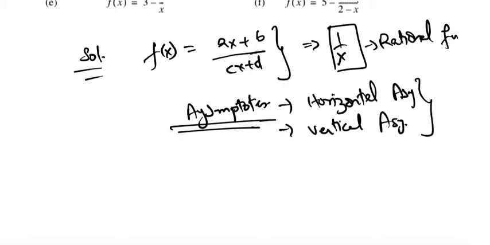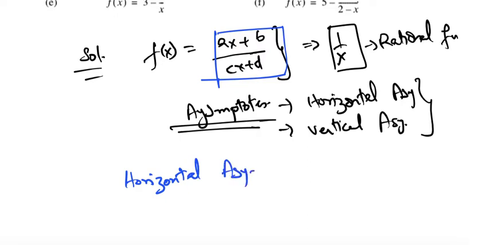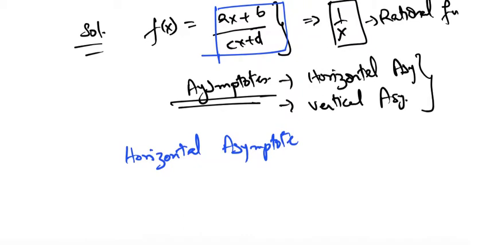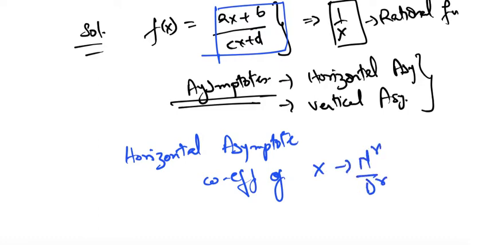Whenever you are given a function (ax + b)/(cx + d), for the horizontal asymptote you just have to look at the coefficients of x in the numerator and in the denominator.